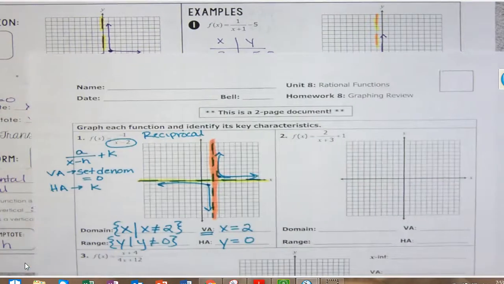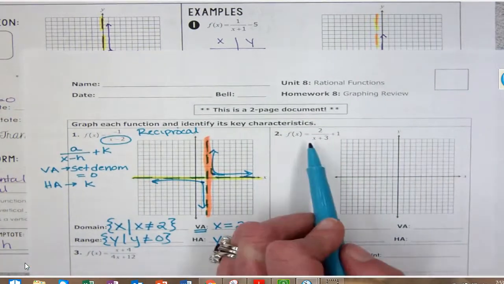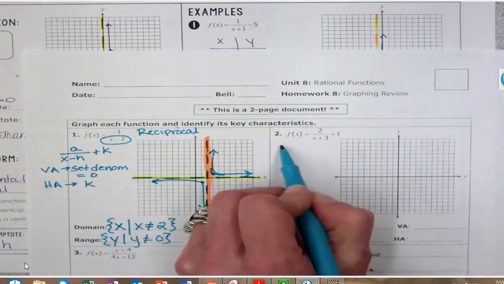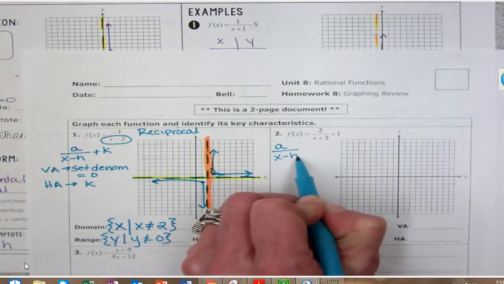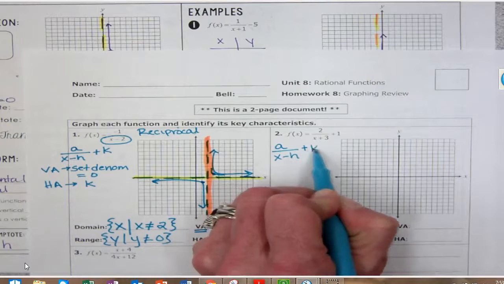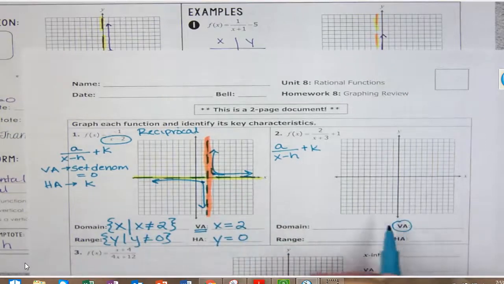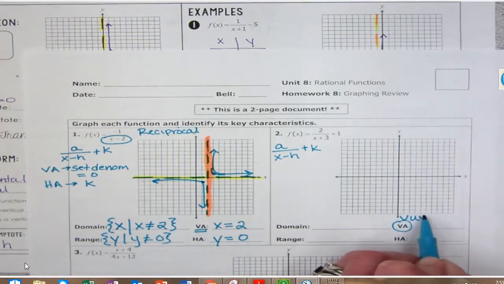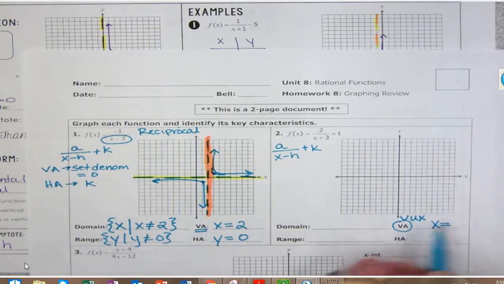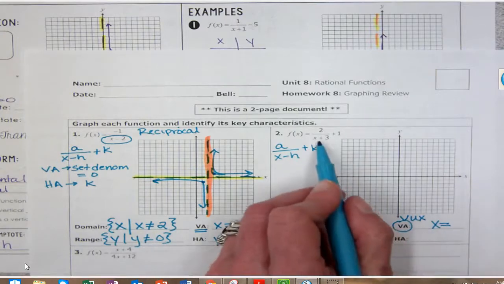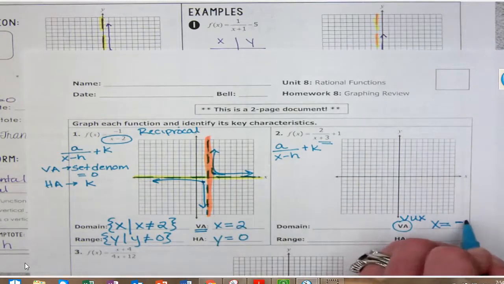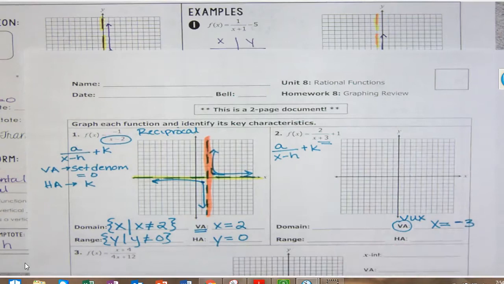We'll do this one. We know a over x minus h plus k. My vertical asymptote, my vertical line, is going to be x equals h. H is going to be negative 3. If you forget that, that's fine.